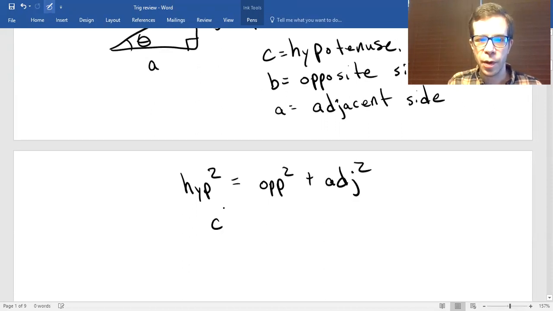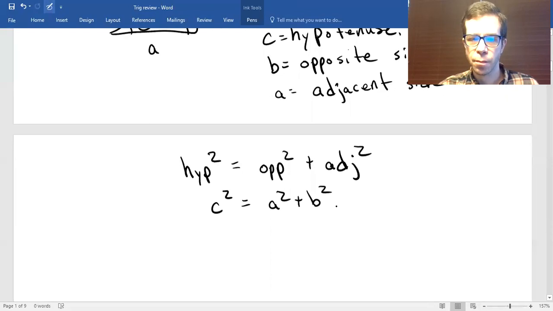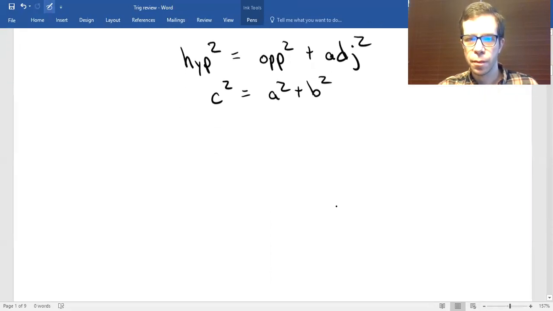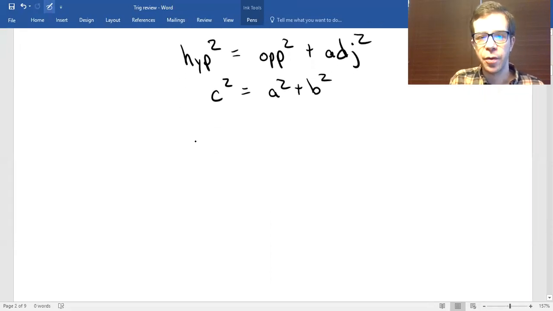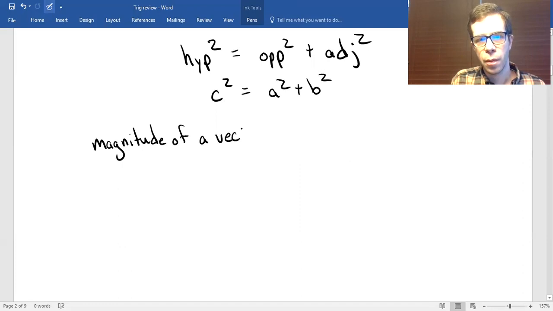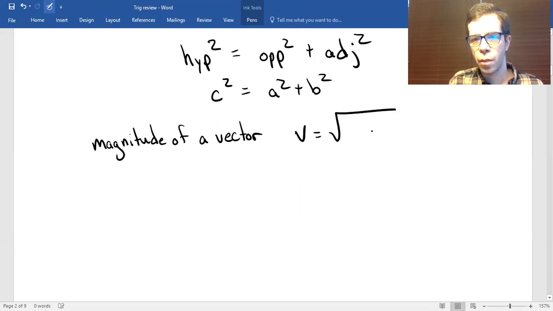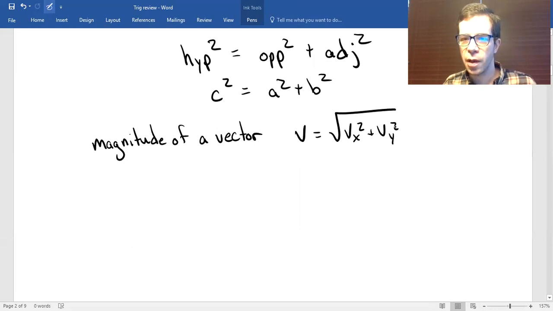And we often see this just written as a squared plus b squared equals c squared. So if we want to talk about the magnitude of a vector, that would be the components squared and then take the square root because the components form a right triangle.